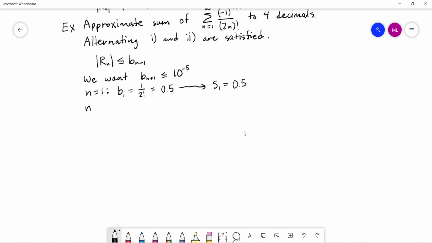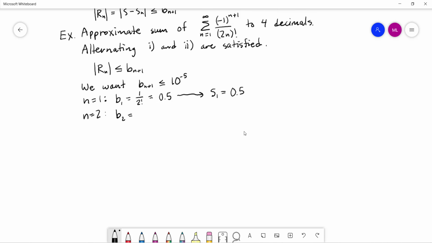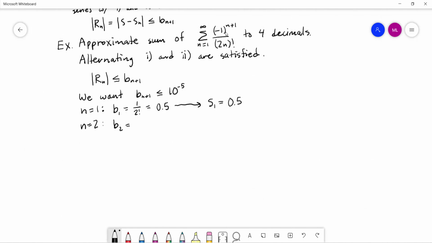As we go to the next one, n equals 2. What is b sub 2 going to be? Well, again, forget about the negative sign. We'll take care of that when we start adding these up. But b sub 2 is just 1 over 2 times 2 factorial. So 1 over 2 times 2 is 4 factorial. So 4 factorial is the number 24. 4 times 3 times 2 times 1.